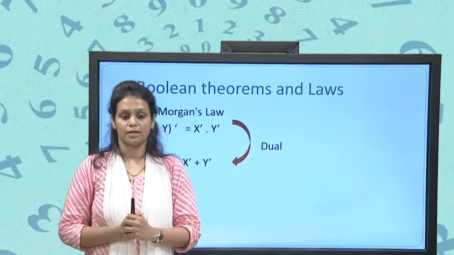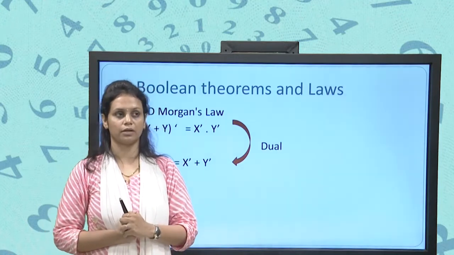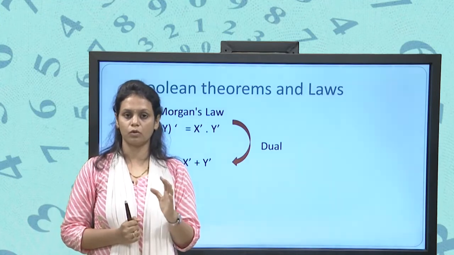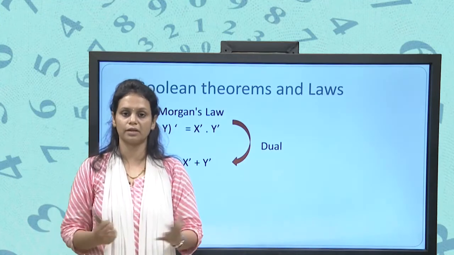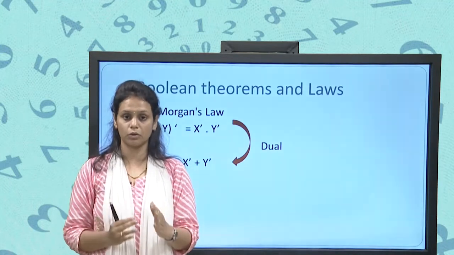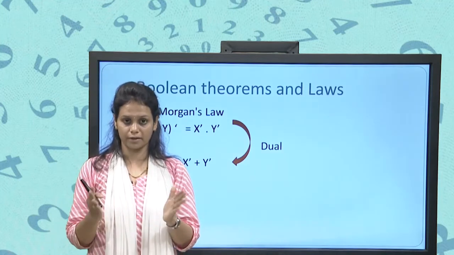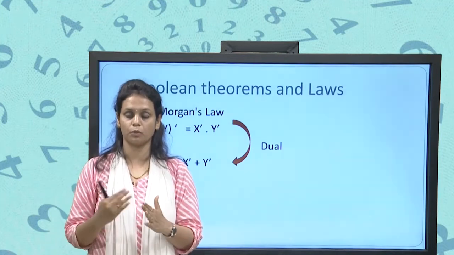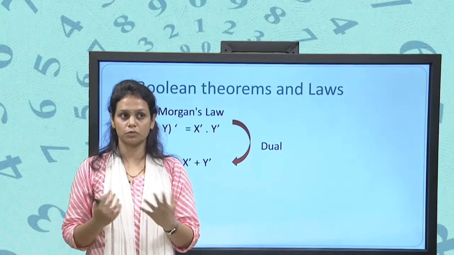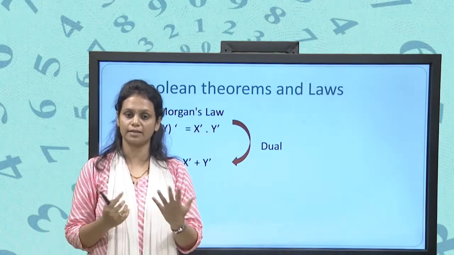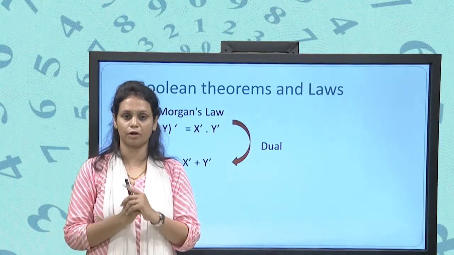For example, if someone asks what the identity element is for the numbers 0 to 9, I cannot answer because I don't know which operation is going to be performed on those numbers. But if someone asks for the identity element for the operation plus, we can say the answer: the identity element for plus is 0.